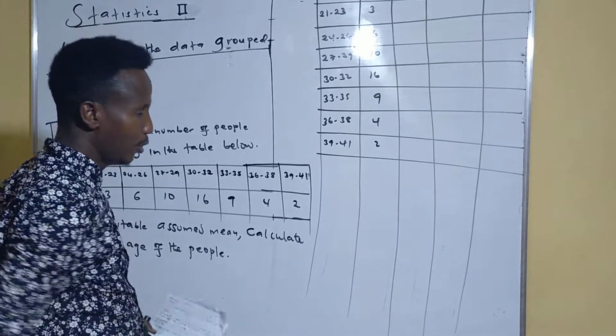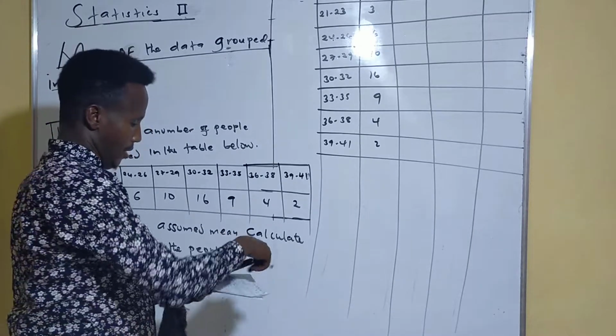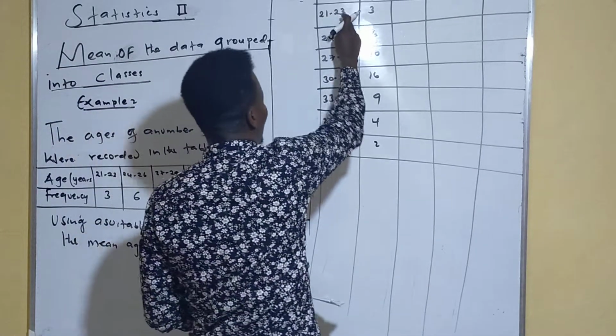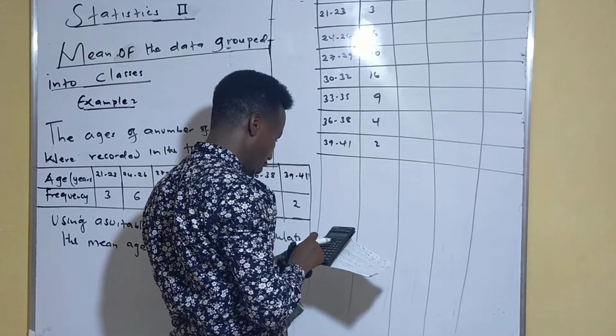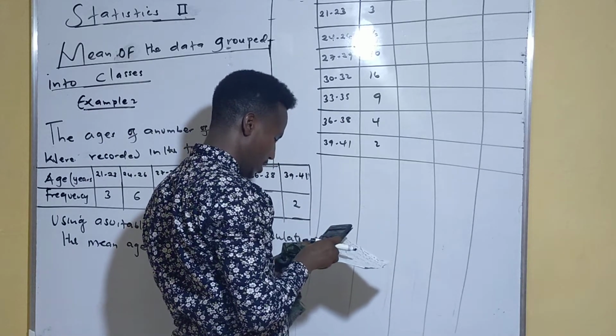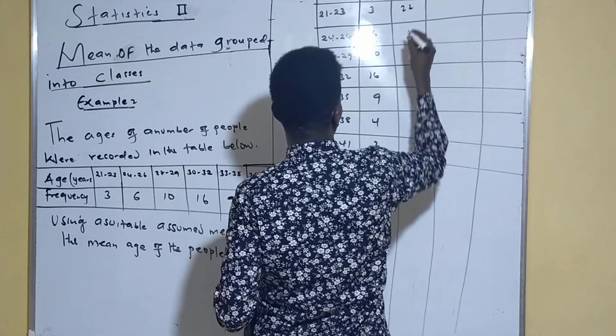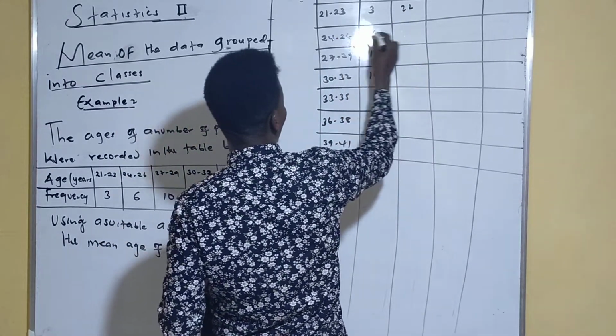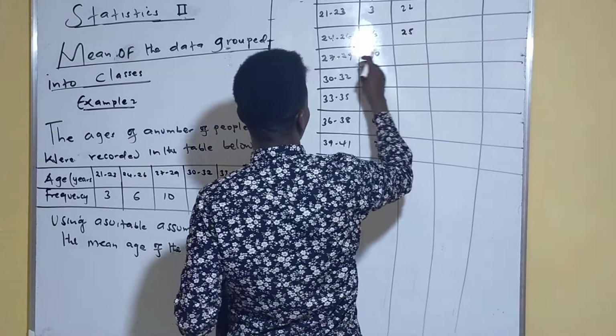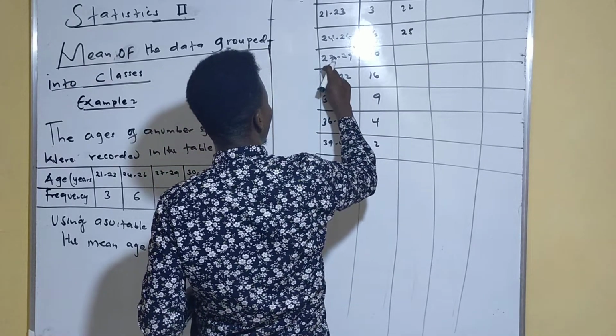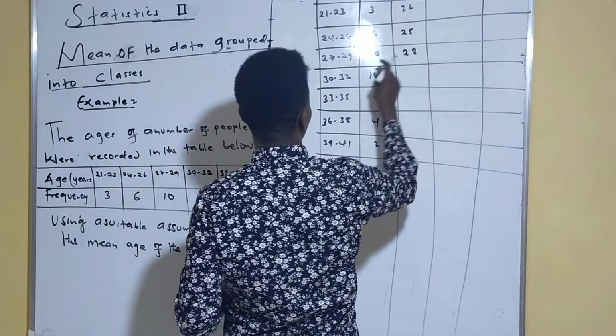So how can I get the midpoint? Midpoint will be 21 plus 23 divided by 2. That's 44 divided by 2, which is 22. Add this one, 50, 25. Add this 2, it will be 56, 28.